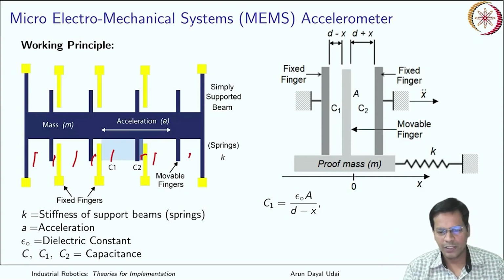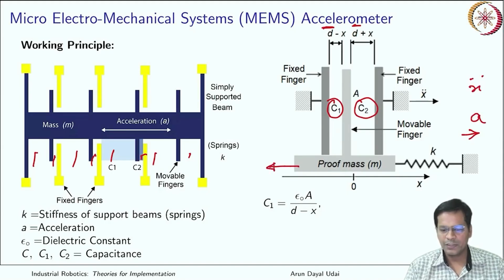So this is C1, this is C2. The initial distance between those two plates, let us say, was D. So when you moved along this direction by an acceleration A, x double dot, this proof mass has moved by a distance like this. Let us say this was x.